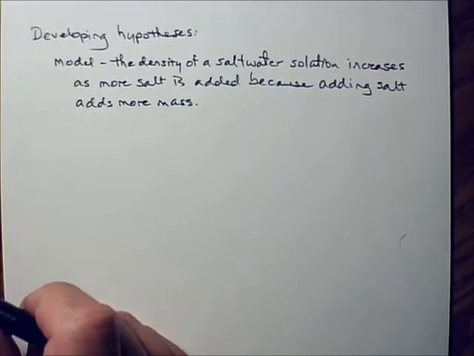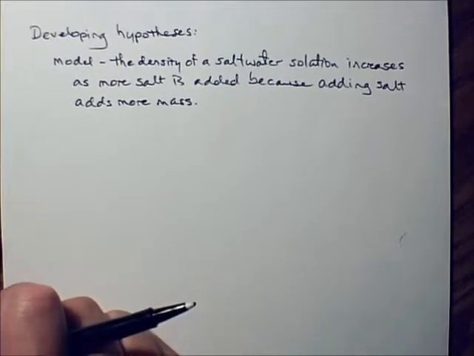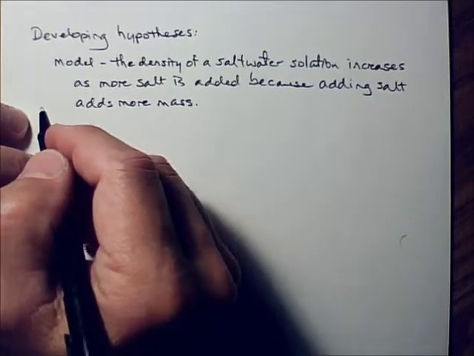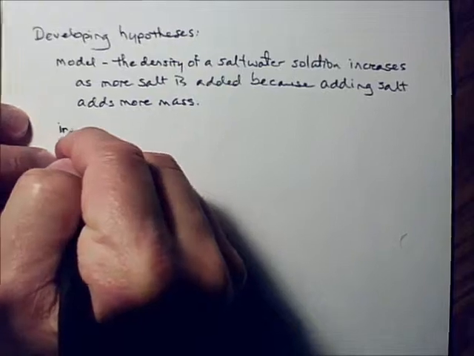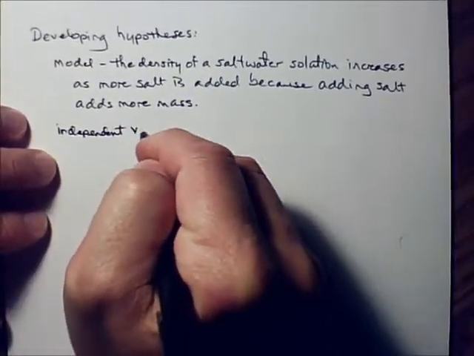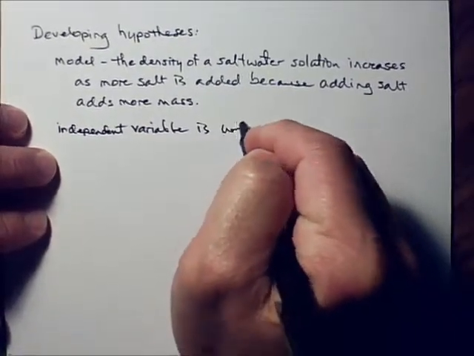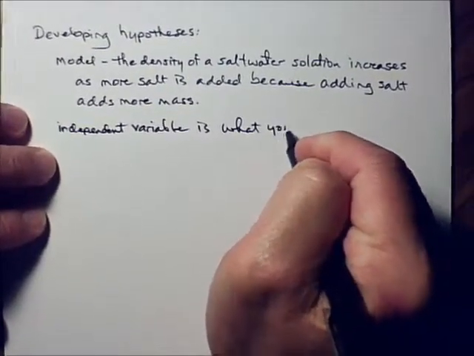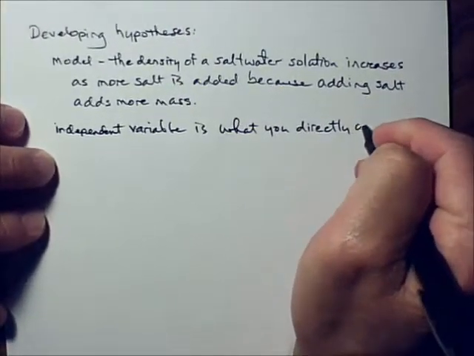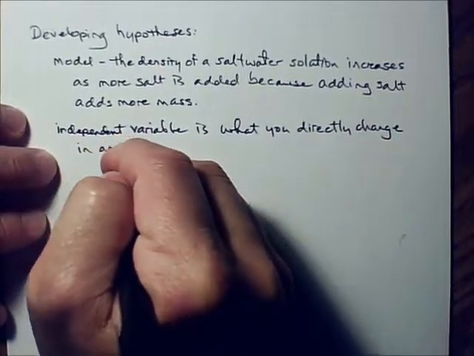You're thinking too far ahead. It's pretty straightforward and simple. The thing you change is the amount of salt in the water, right? So that's the independent variable. The independent variable is what you directly change in an experiment.